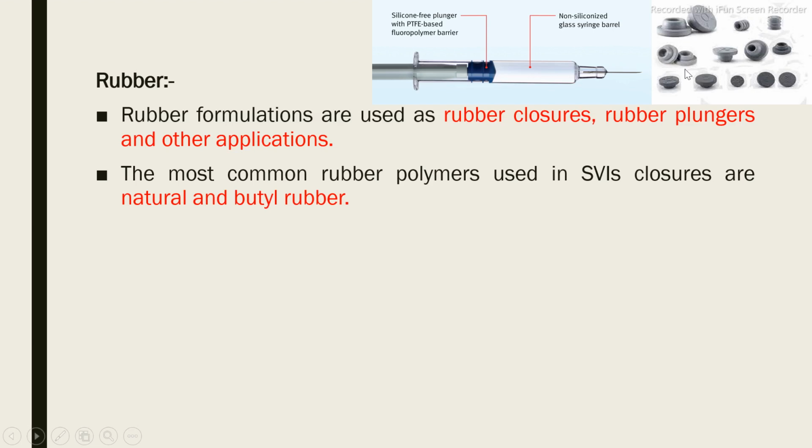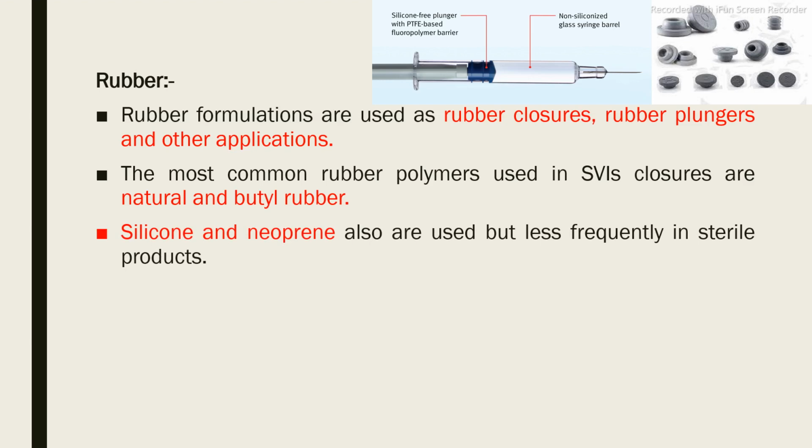Butyl rubbers are more flexible, and it is very easy to pierce the needle into the rubber closure. Once you remove the needle, the aperture will be completely resealable.